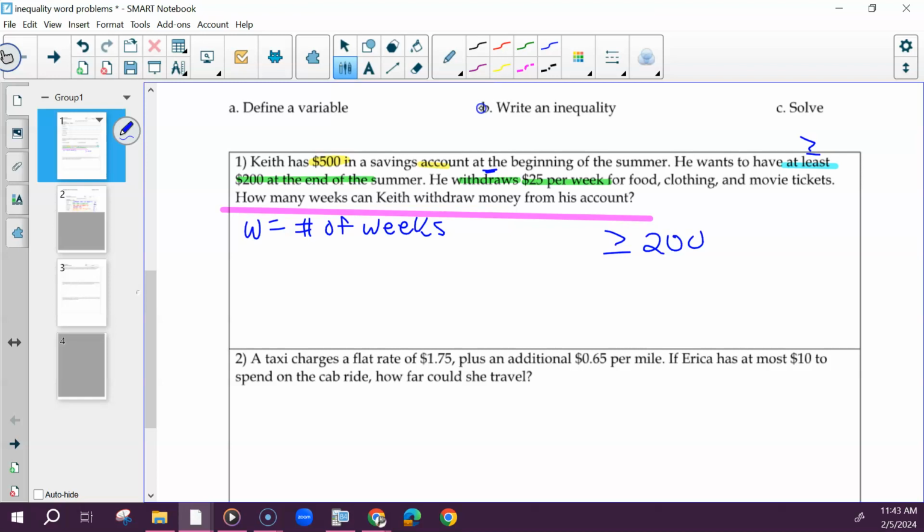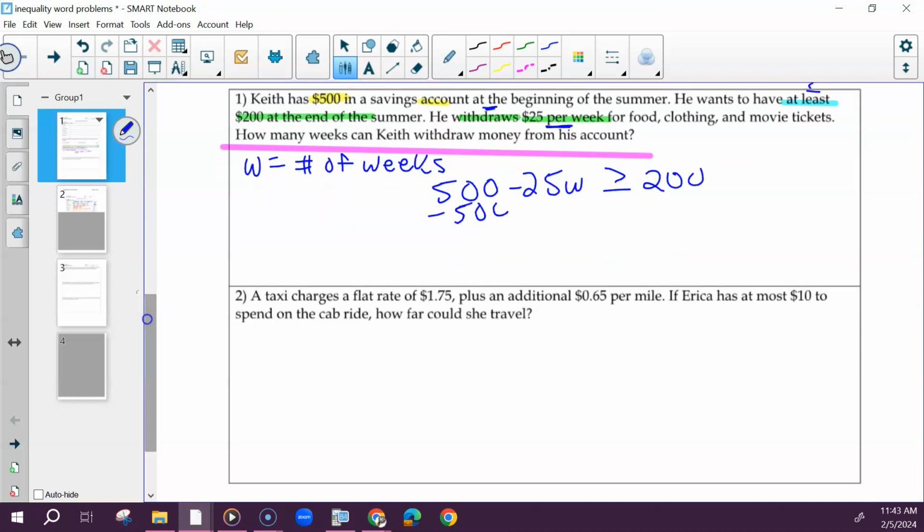How would we put the rest of this together? 500 minus 25W. Since it's per week, anytime you see that word, that's going to be where your variable goes. Okay, so we have our inequality. Now we can solve it.